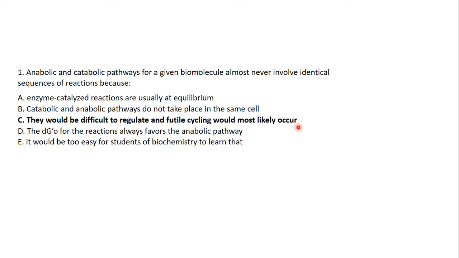That's why we have three enzymes, 1, 3, and 10, that are far from equilibrium, and they're different in glycolysis and gluconeogenesis. We can regulate each pathway independently of each other, and so we just don't have a futile cycle breaking down glucose, building glucose back up for a net loss of 4 ATP.